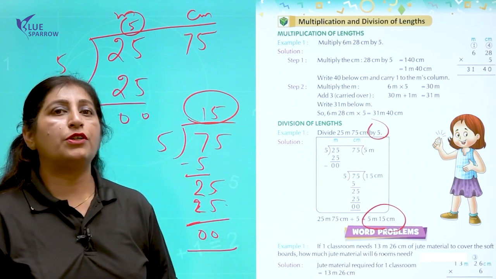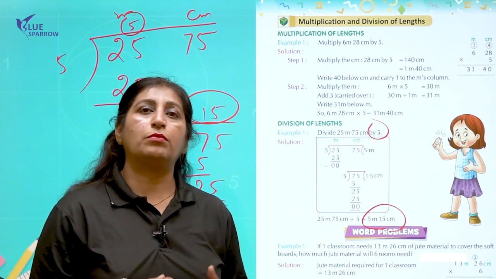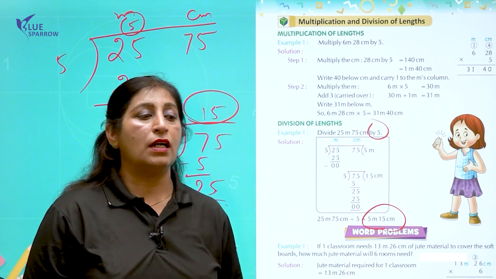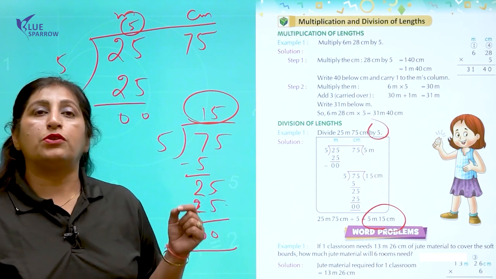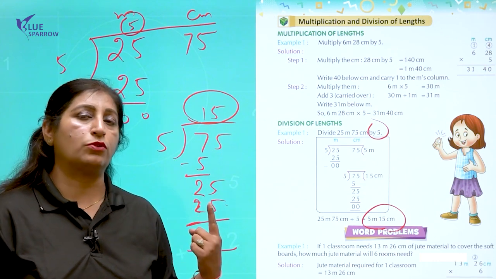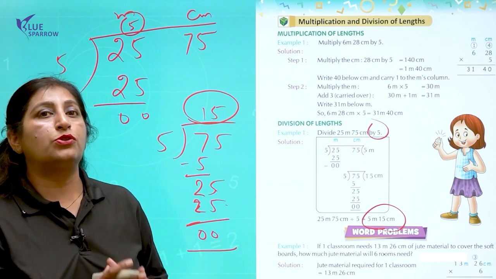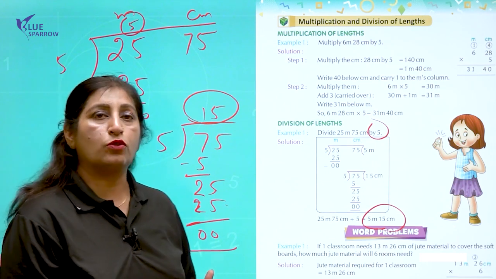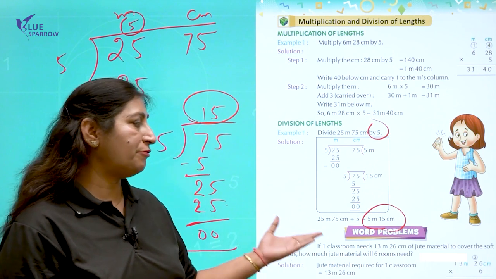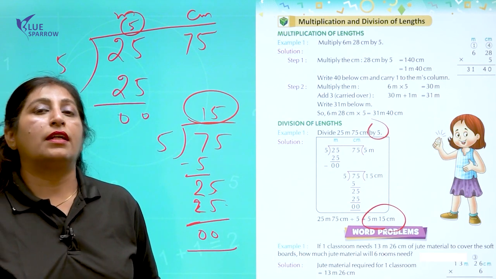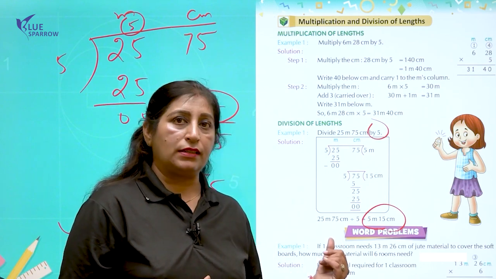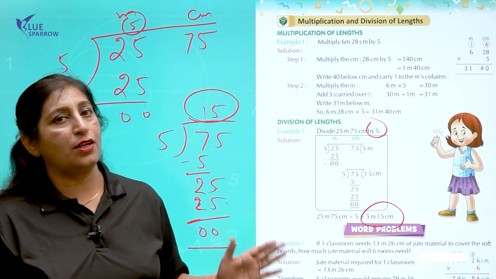You know that whenever you are asked to find out the bigger number, you have to multiply, because here, if you are given the requirement of one room, you are to find the jute that is required for 6 rooms. It means you are going to find a number which is much bigger than the first number, and in such cases, you would multiply the given length with the number that is asked to you.